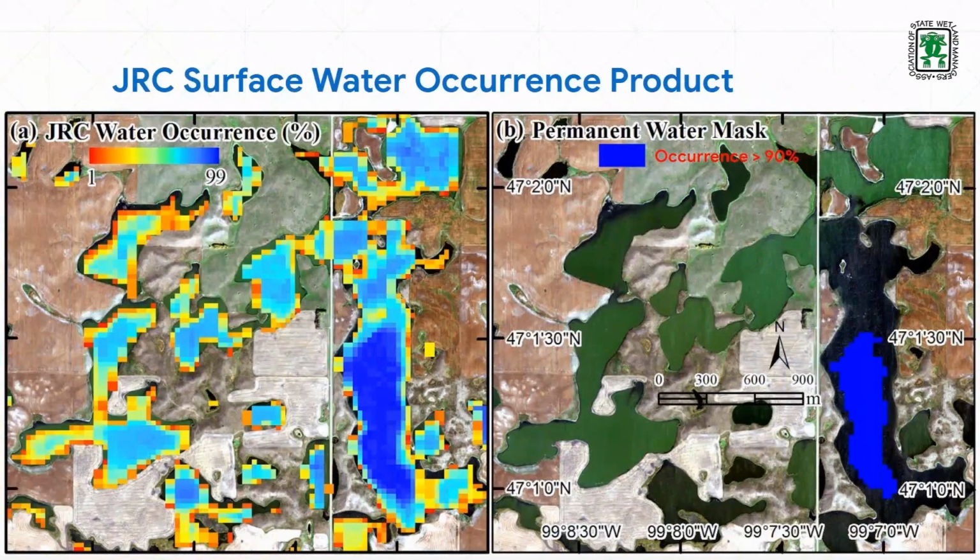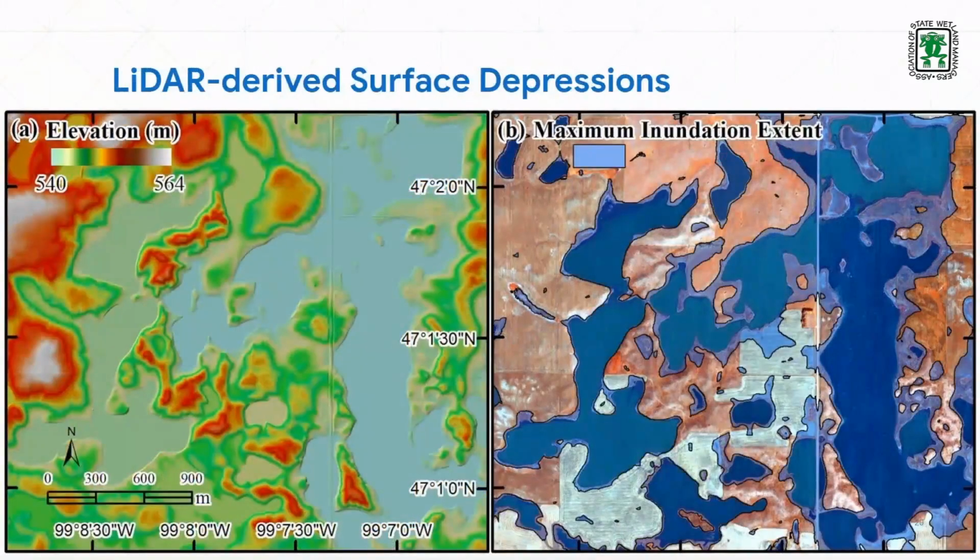On the right, the blue one is the permanent water mask that we use to identify the water clusters from the unsupervised classification. Once we identify the potential clusters, we can use LiDAR to refine them.